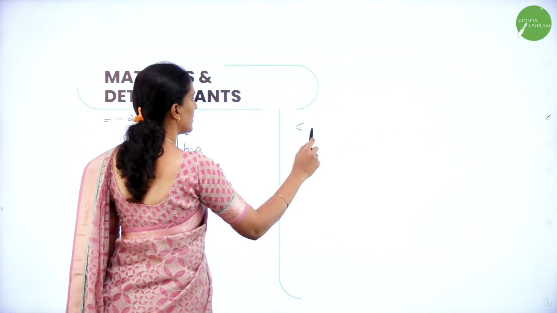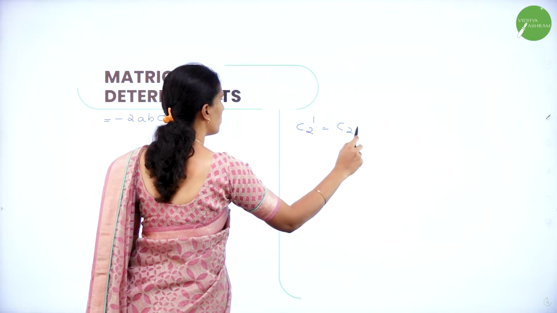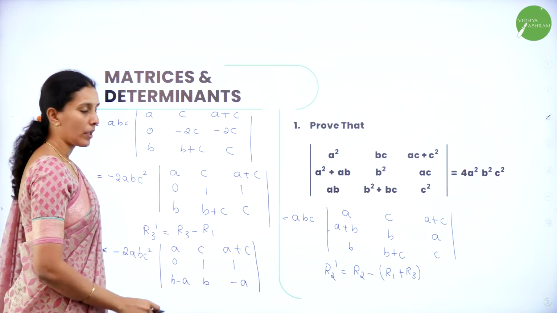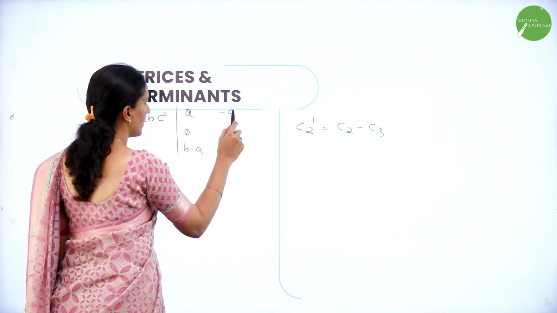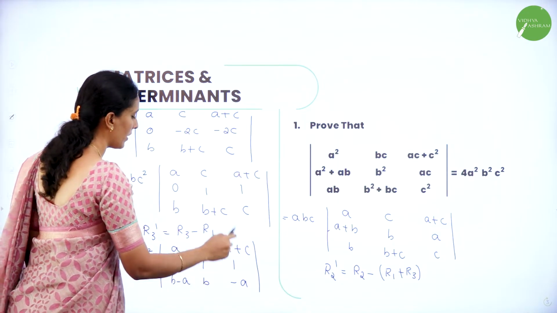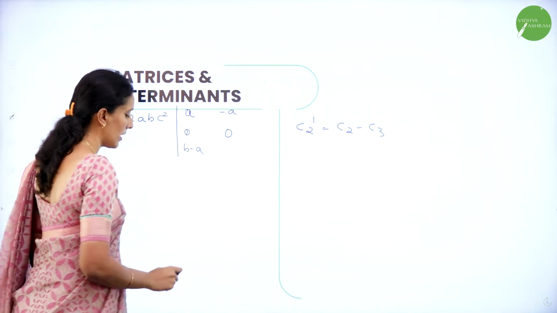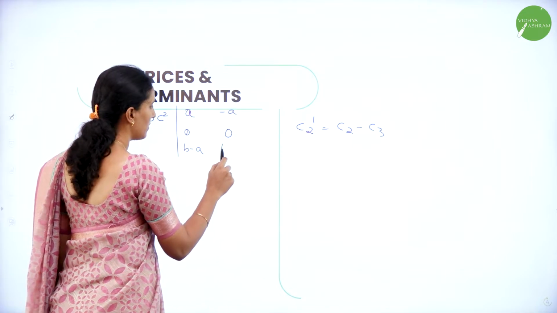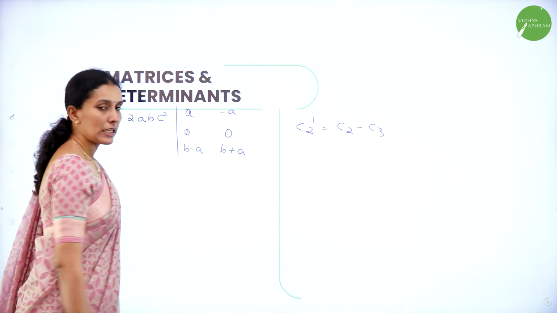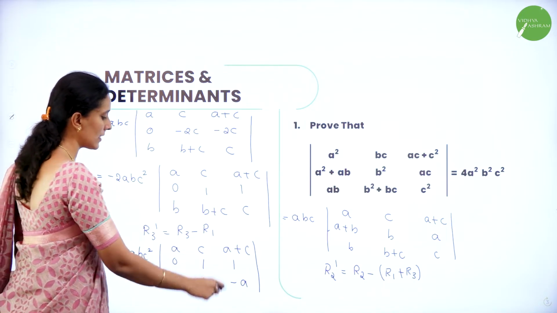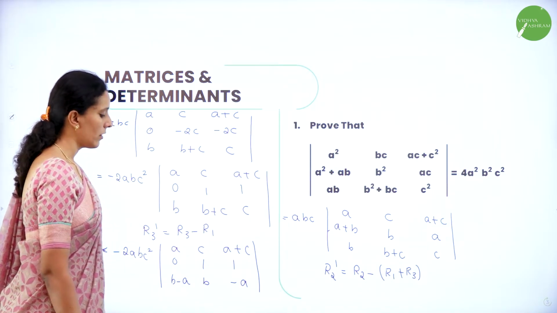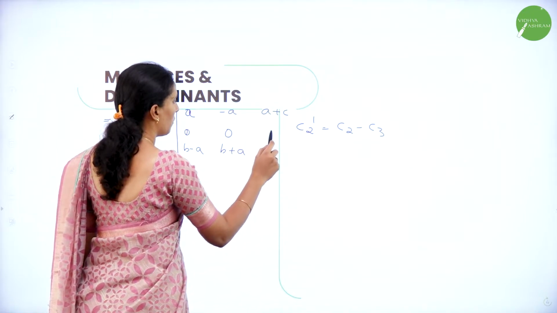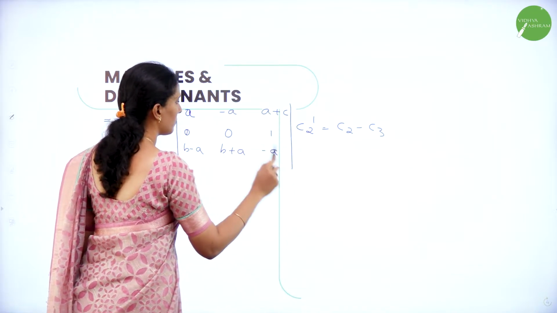So c minus a plus c becomes minus a. Next, 1 minus 1 is 0. Next, b minus a, minus of minus a becomes b plus a. Next, write the third column as it is: a plus c, 1, minus a.